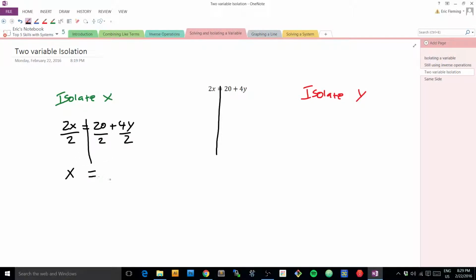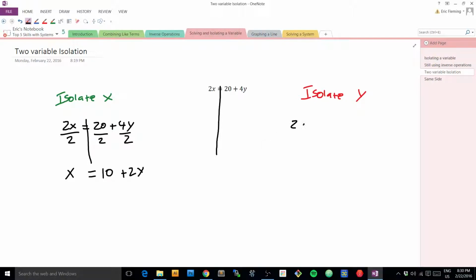So x is equal to 10 plus 2y. Notice I was able to simplify both of those. 20 divided by 2 is 10, 4 divided by 2 is 2, and the y is just there. Sometimes when we try this divide step, one of our numbers won't go in evenly, and it might be appropriate to leave that as a fraction. So something to just keep in mind.